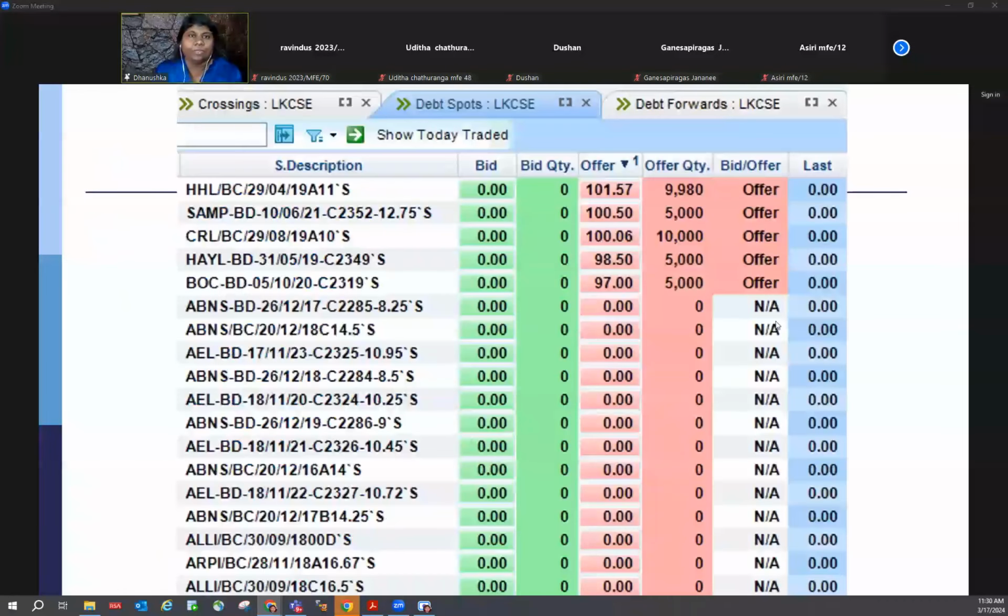Yeah, I showed you this slide, an old screenshot I told you, of the debt market in Sri Lanka, a long time back.